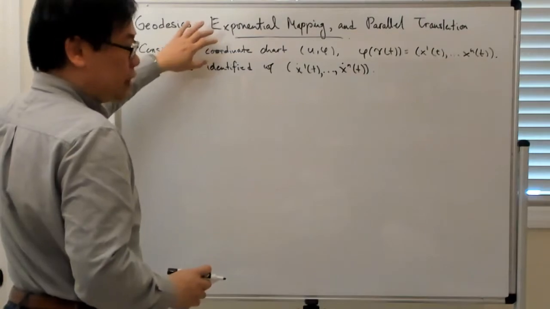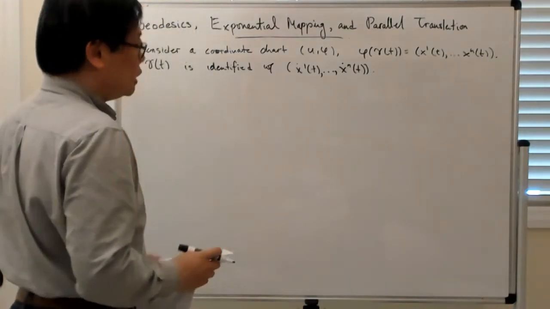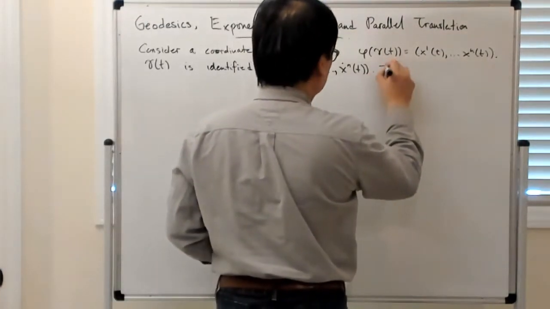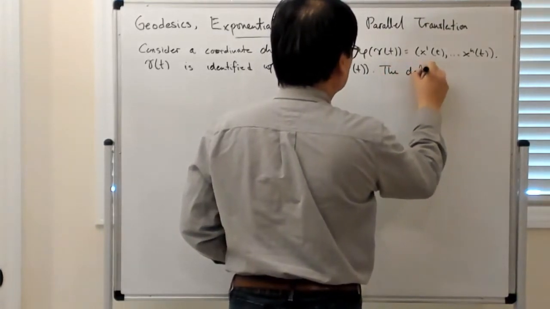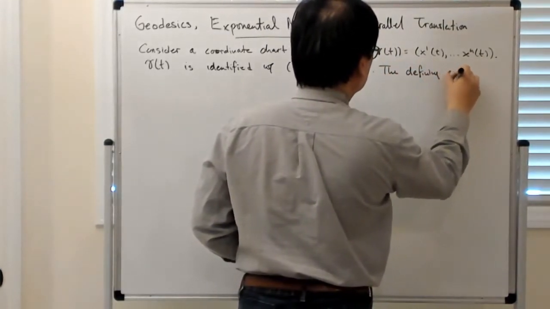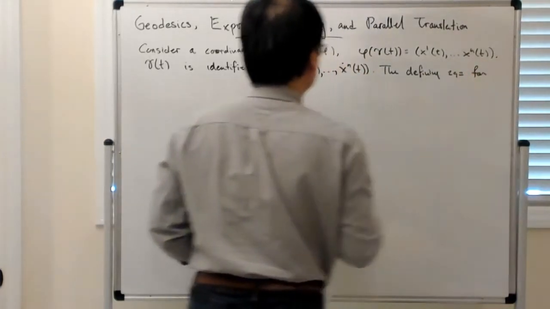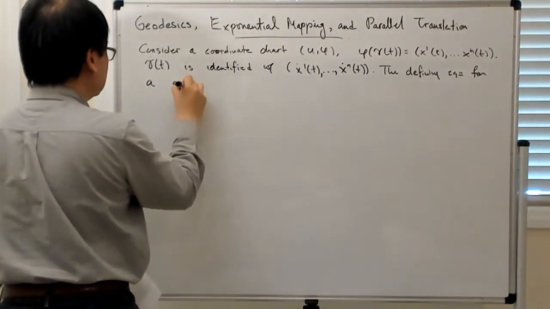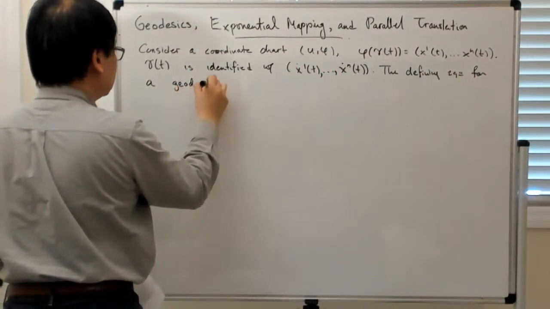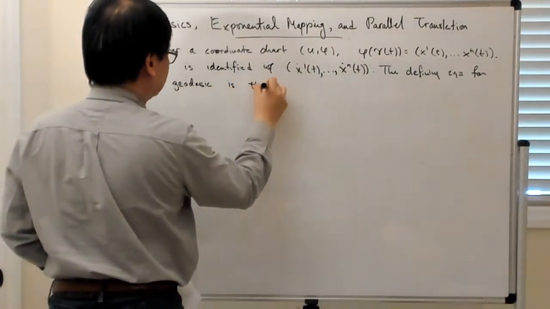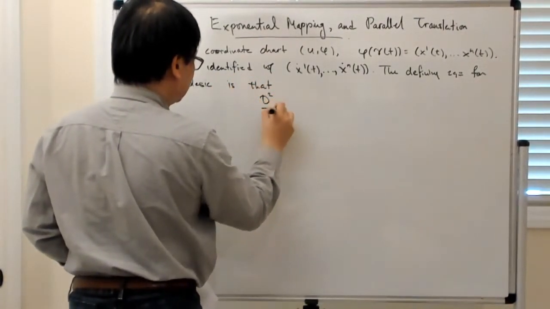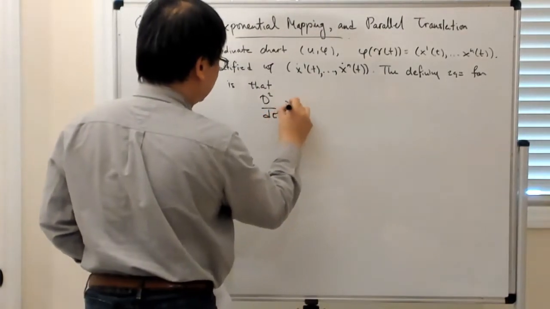Okay, so we're going to define the exponential mapping in terms of the geodesic equation. The defining equation for a geodesic is that the second derivative of the curve vanishes.